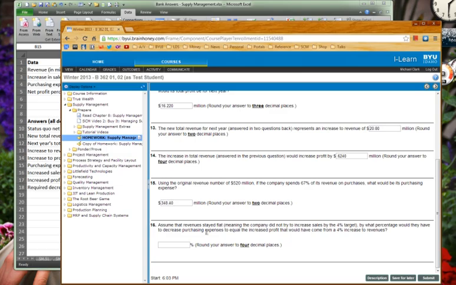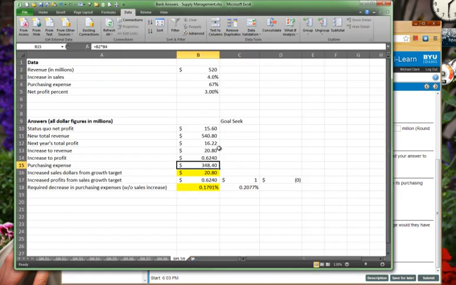Next question, final question. Assume that revenue stayed flat, meaning the company did not try to increase sales by the 4% target. By what percentage would they have to decrease purchasing expenses to equal the increased profit that would have come from a 4% increase to revenues? So we have here in this cell the increased profits from sales growth targets.